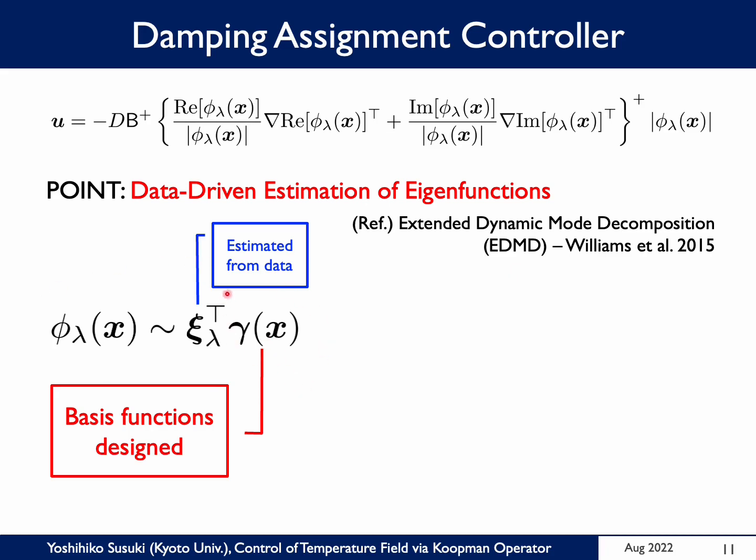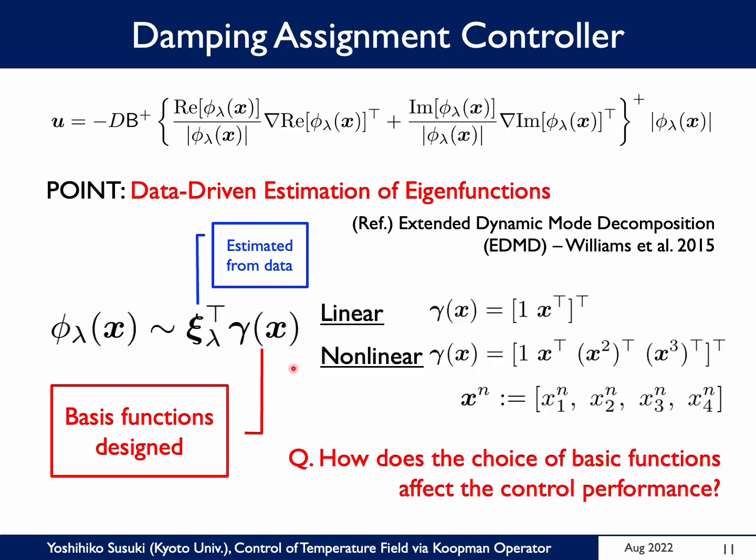The basis function gamma x, a vector valued function, is designed by users, and the coefficient here is estimated from data. In our application, we consider two sets of basis functions, linear and nonlinear sets. The question that comes up here is how the choice of basis function affects the control performance.